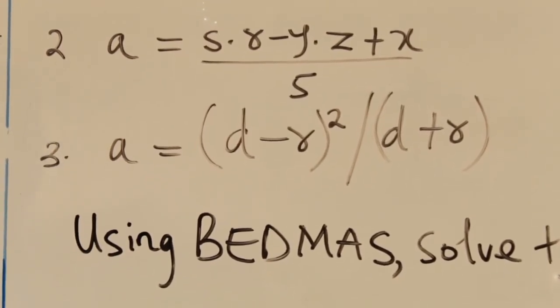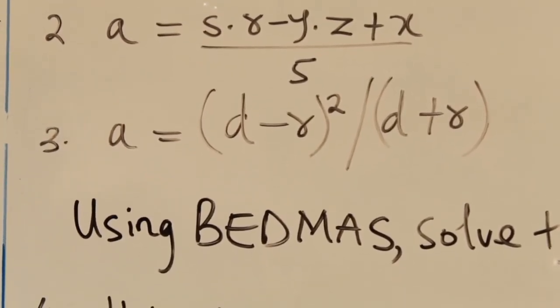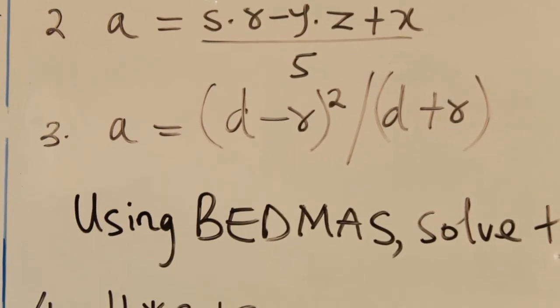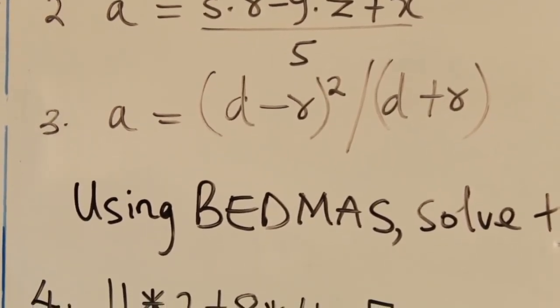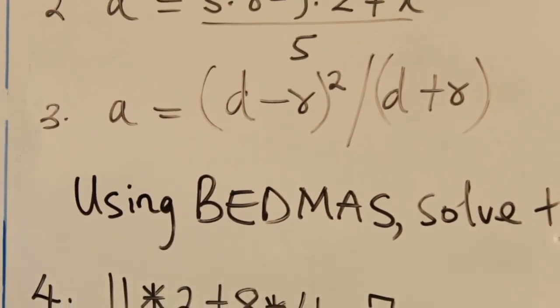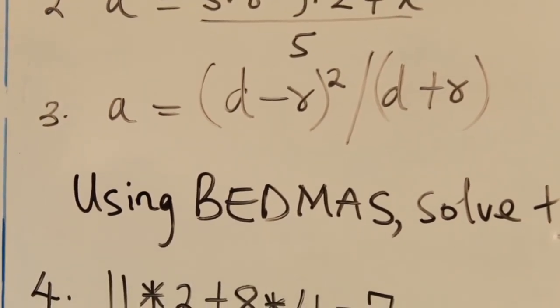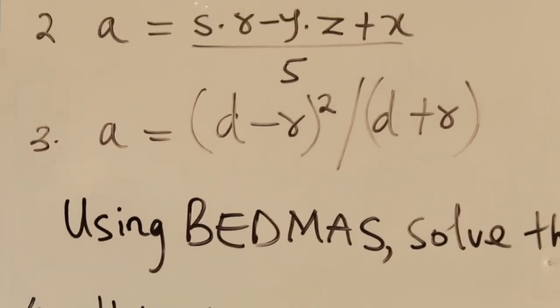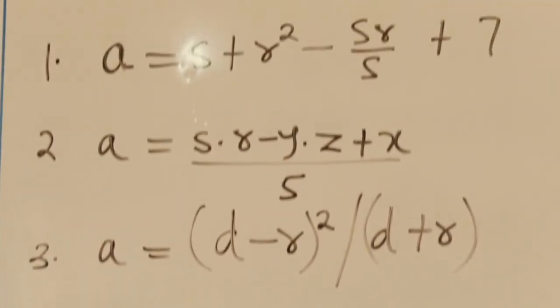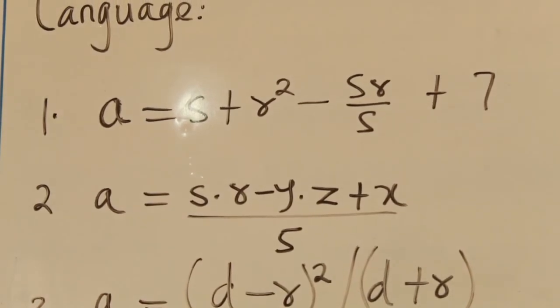Number 3 is A is equal to d minus r in brackets raised to the power 2 divided by d plus r in brackets.